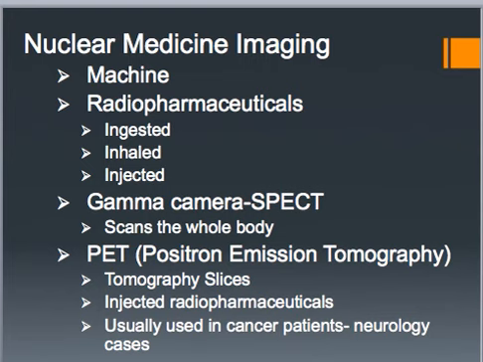Those show us where there are large amounts of the radio tracers, where they've accumulated, and where there's a high level of chemical or metabolic activity, which is showing us where there might be an infection or cancer. And where there are less intense areas, those are called cold spots, and they indicate a smaller concentration of the radio tracers or less activity.